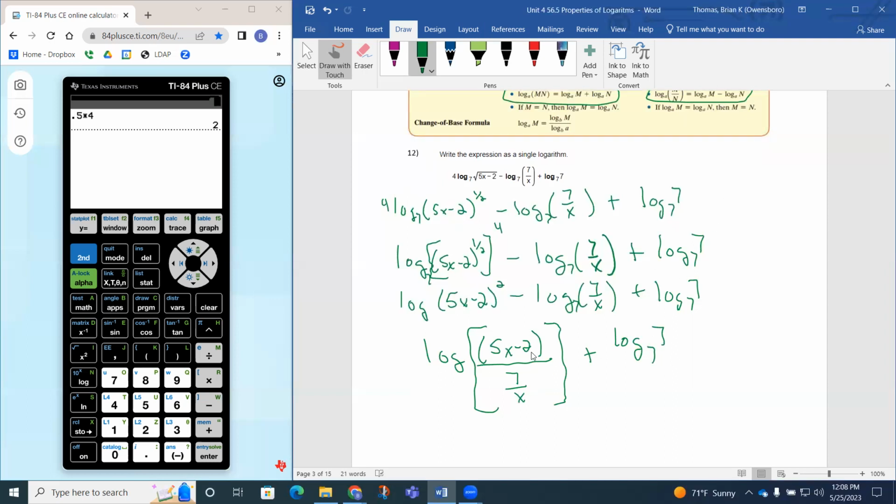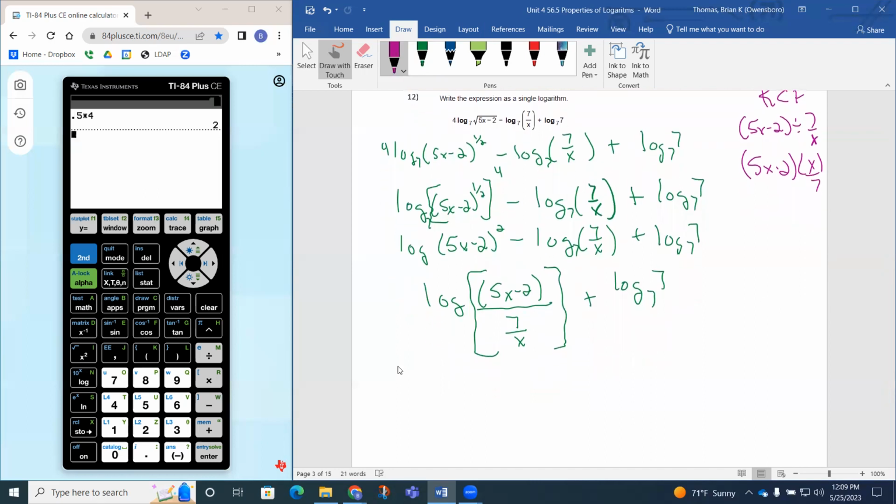Now, we have to simplify this 5x minus 2 divided by 7 over x. So if I do this off to the side here, we can Kentucky chicken fry it: keep, change, flip. So if I have 5x minus 2 divided by 7 over x, you can rewrite this as 5x minus 2 times x over 7.